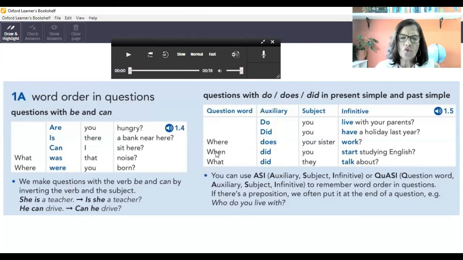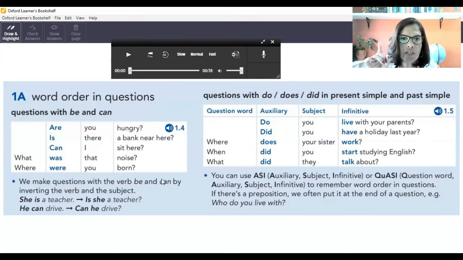Okay, could you notice the difference? If you haven't, don't worry, because we're going to do this exercise many times throughout the course. So here, look, we make questions with the verb be and can by inverting the verb and the subject, right?